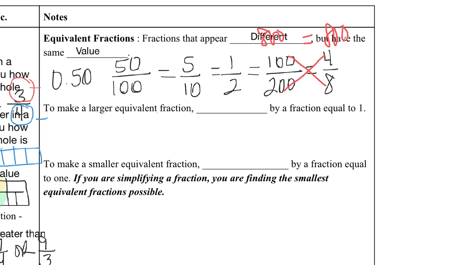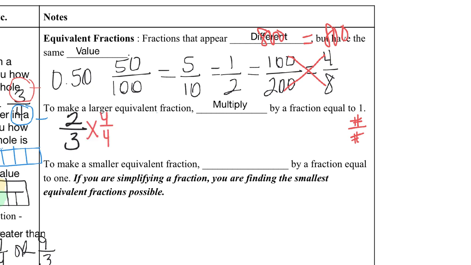Okay, moving down to the next problem. It says to make a larger equivalent fraction, you multiply by a fraction equal to 1. Equal to 1 simply means they're the same numbers both top and bottom. So let's say I wanted to create an equivalent fraction for 2/3. You can multiply by any number to create an equivalent fraction. So I'm going to go ahead and choose 4.